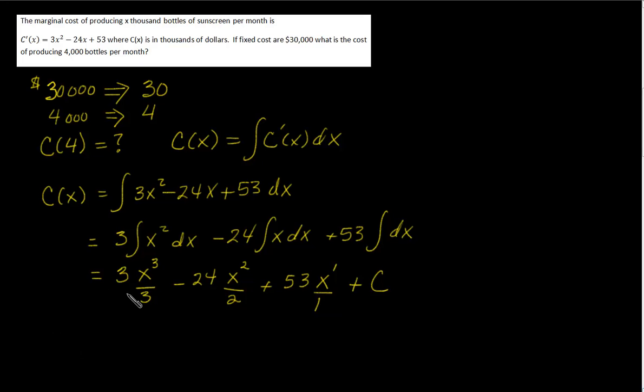And now I can just do some algebra here and rewrite this, and I've got a clean version of C of x. C of x is, now these 3's cancel out, and so C of x is x cubed minus, the 2 into the 24 would give me a 12, so it's minus 12x squared plus 53, and of course x to the 1 over 1 is just an x, plus an arbitrary constant C. So there's a value for C of x.